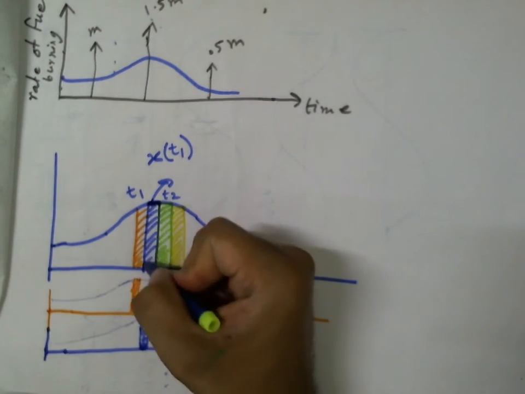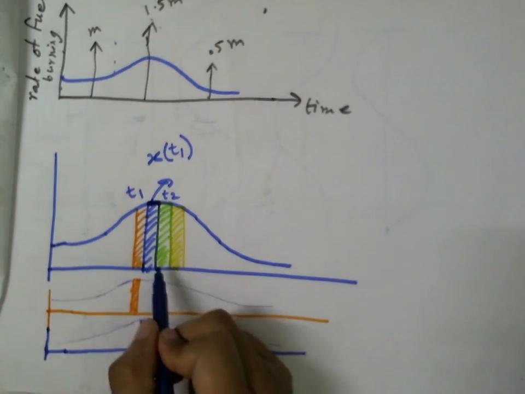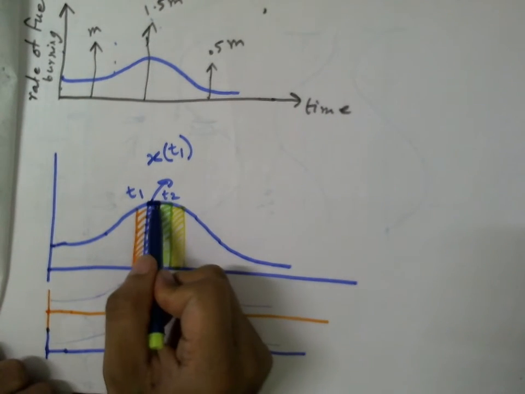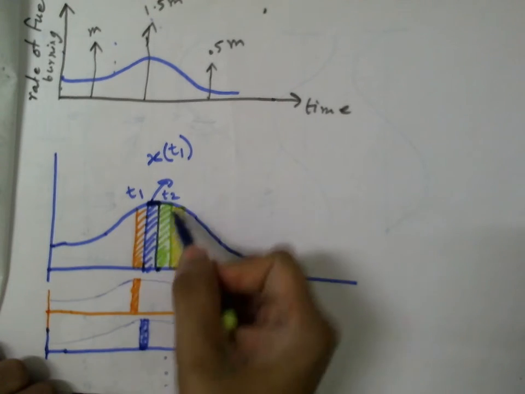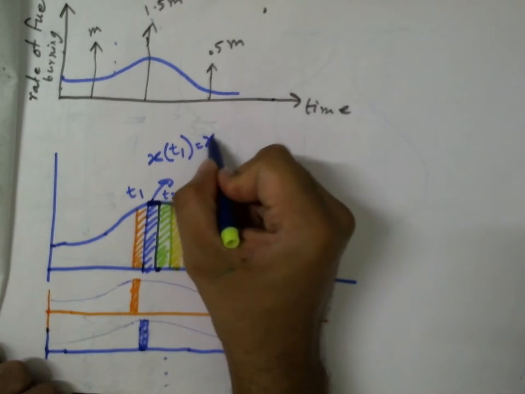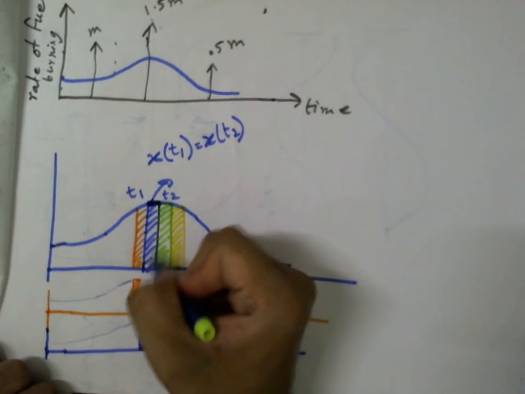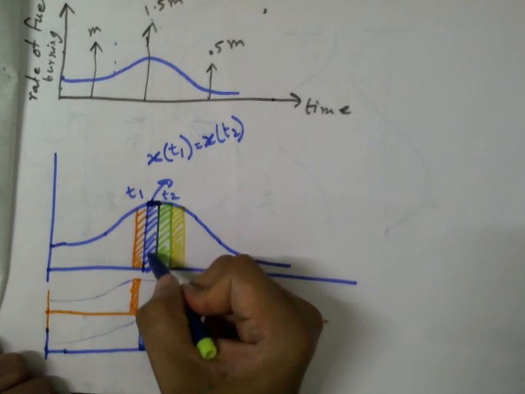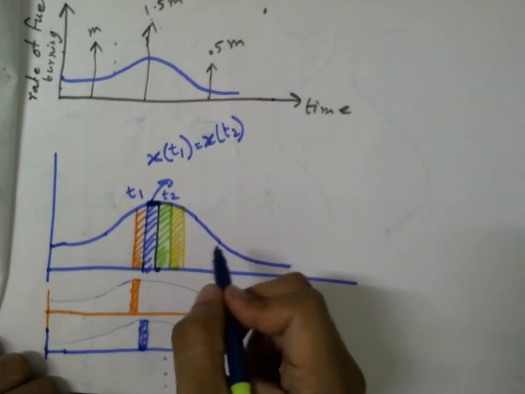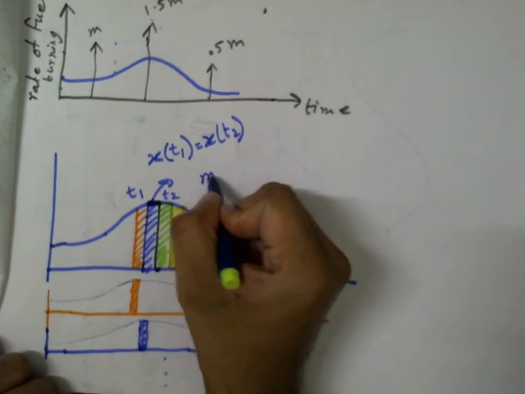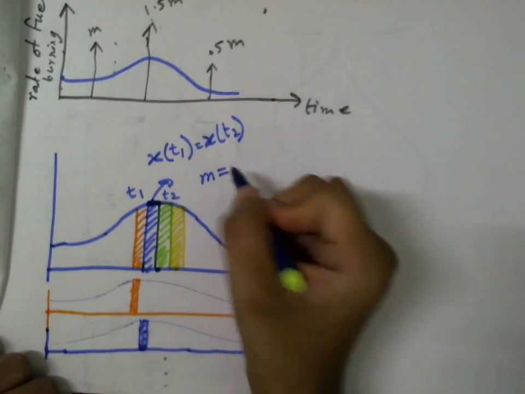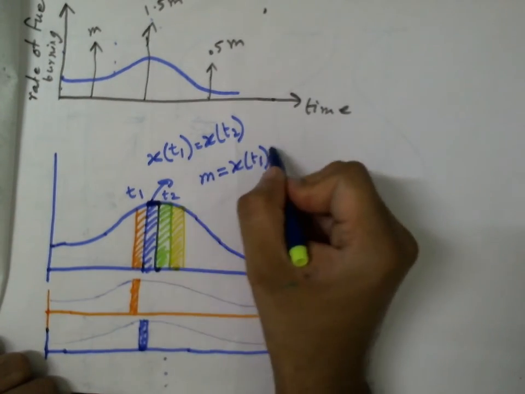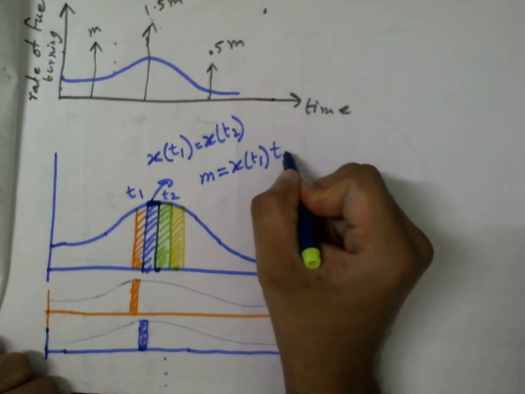If I take the width of this blue curve to be very small, then this height I can consider to be almost constant, equal to x(T1) or x(T2). Then the total amount of gas burned within this period, m within this blue curve, is equal to x(T1), this height, times this duration, T2 minus T1.